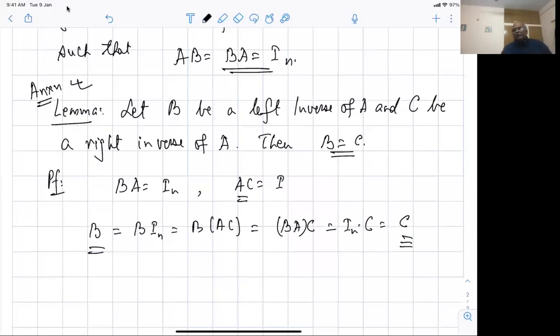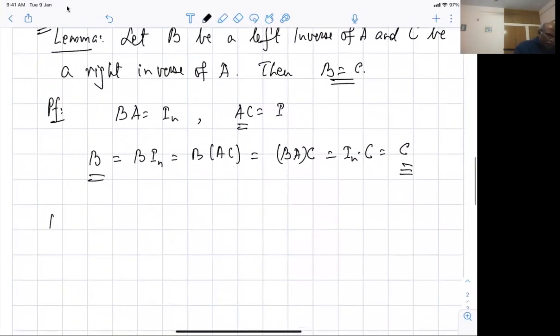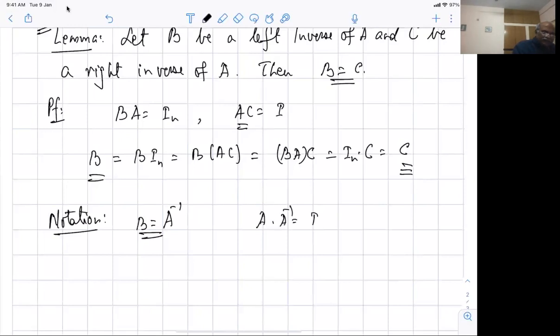So whenever I have a square matrix with a left inverse and a right inverse, the two matrices are always the same. Is that okay? So that's important for us. And therefore, in place of saying the inverse is right or left, we just write B as A inverse as a notation. So A times A inverse is identity, the same as A inverse times A. Fine.